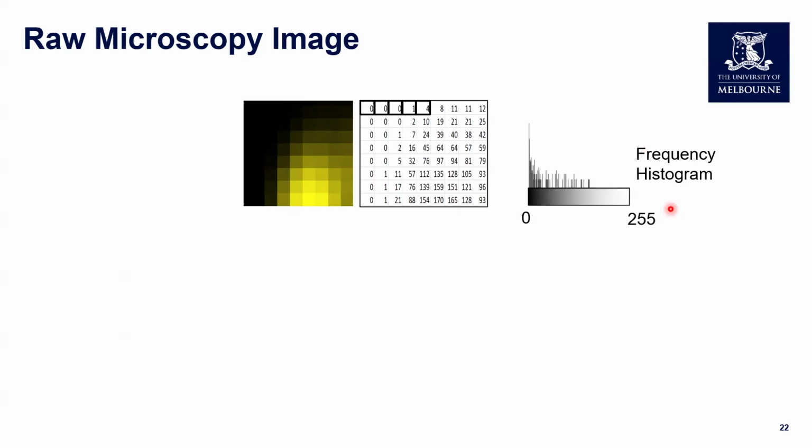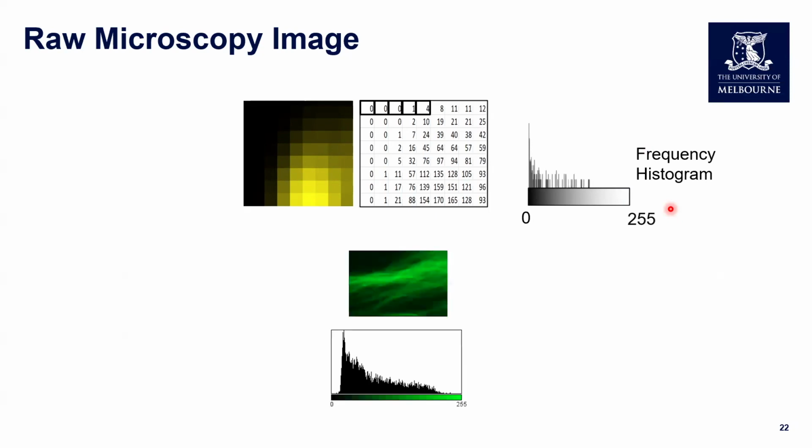This histogram is very useful in checking the general intensity distribution of our image. For example, this is the histogram of this image. And you can see that the majority of pixels are in the low intensity range, representing the large background area. And the mid intensity and the bright parts are evenly spread out.